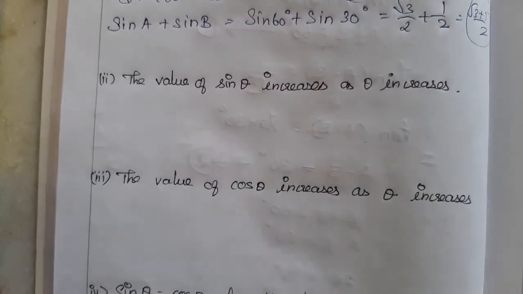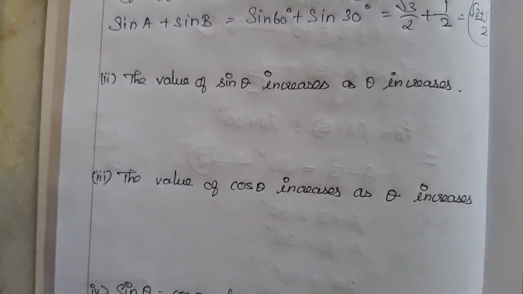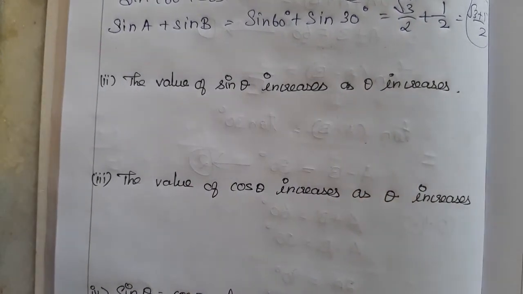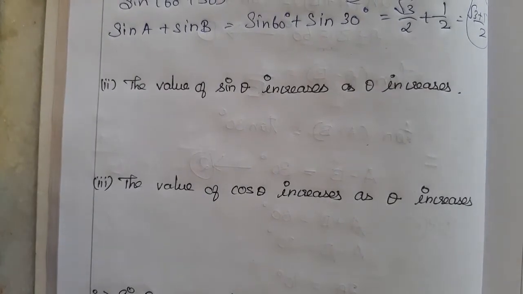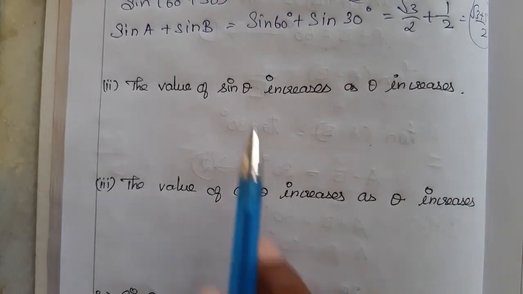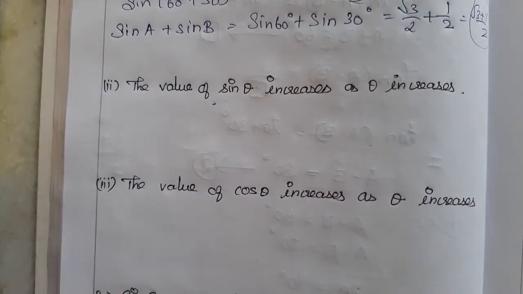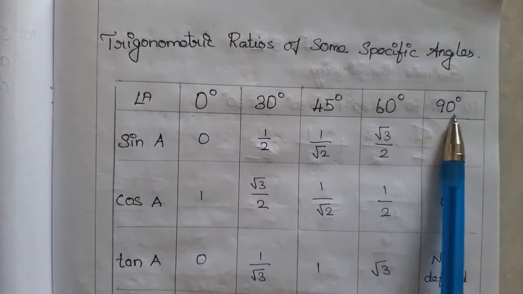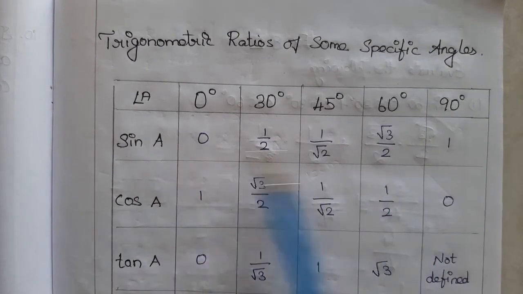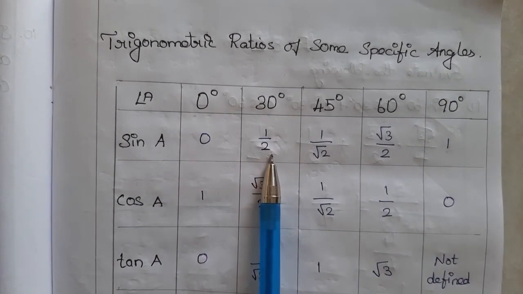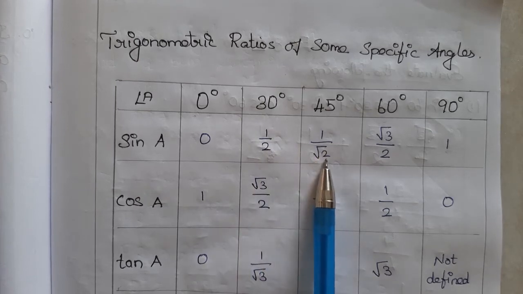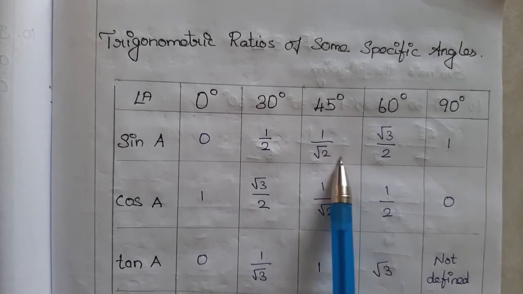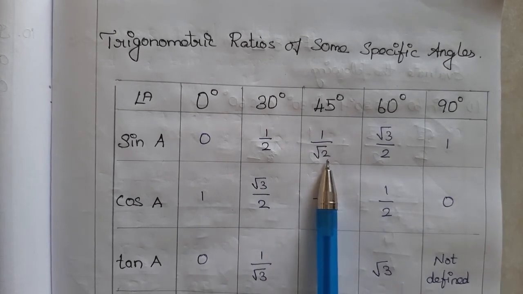So the next one: the value of sin theta increases as theta increases. Is it true or false? This we can see with the help of the table. So here is the table. Theta value is increasing: 0, 30 degree, 45 degree, 60 degree, 90 degree. And check the sine value whether it is increasing: 0, half, yes it is increasing. And 1 by square root of 2, yes still it is increasing. Here it is 0.5, here it is 1 divided by 1.414, sure it is increasing.